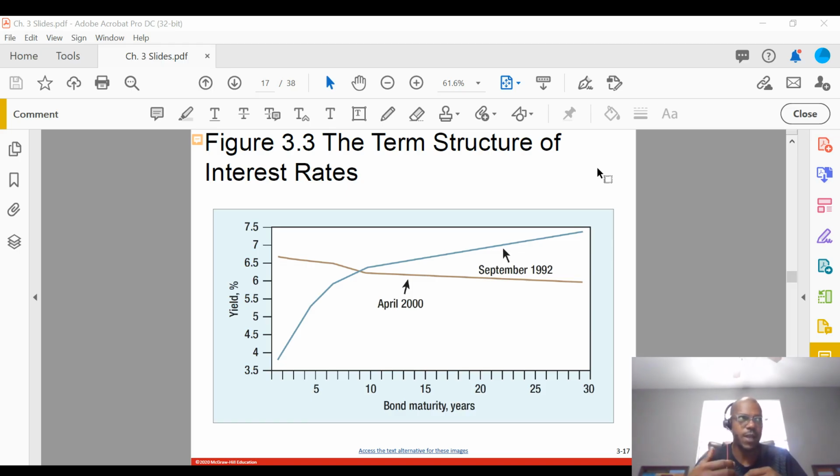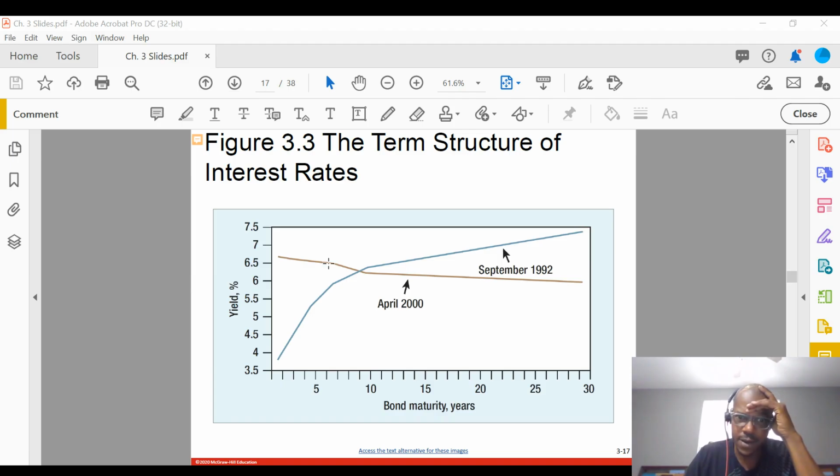The longer you allow someone to borrow from you, the more you expect to be compensated. Generally speaking, the yield curve is upward sloping because of that time issue. Let's assume that's almost always true, so the normal yield curve tends to look like the blue line.